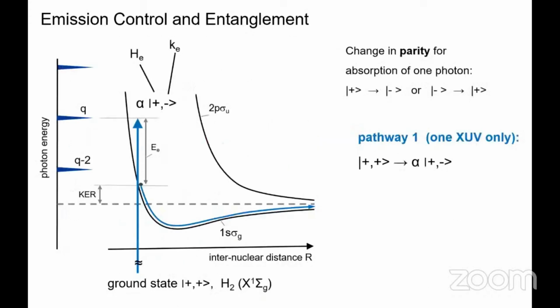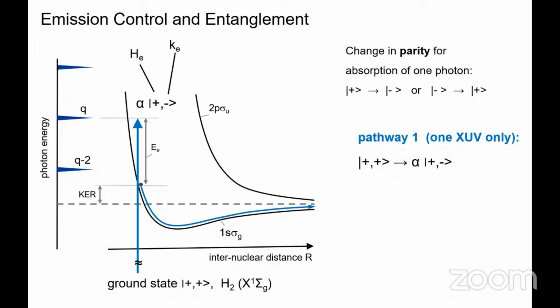So as I said, we look to a channel where we absorb an odd number of photons, either one XUV only. This is this channel here. We start from the ground state. Both electrons have positive parity. We emit the photoelectron by absorption of a photon.